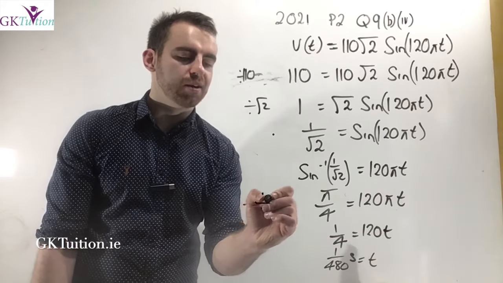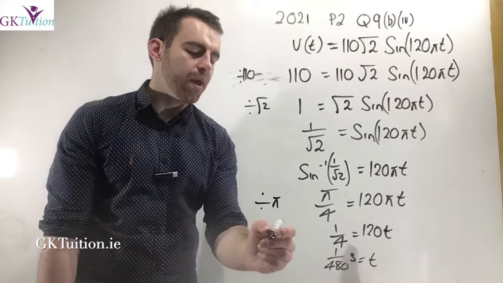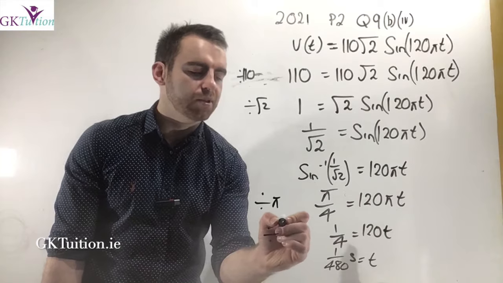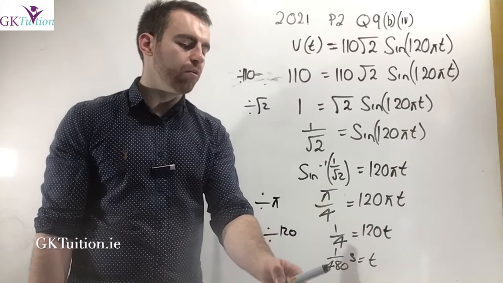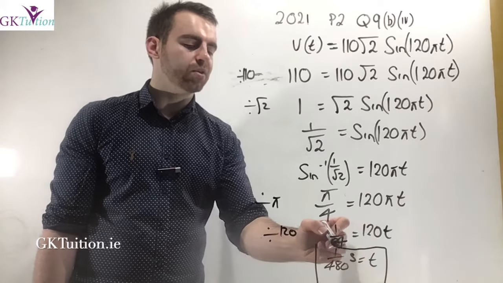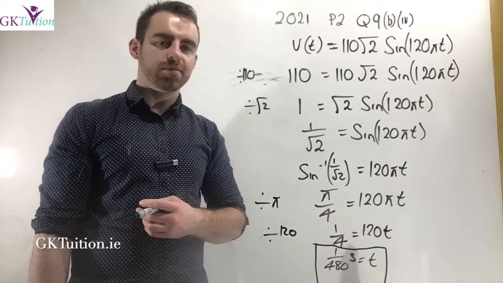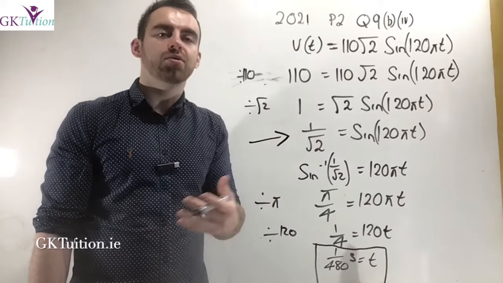So what I did on this line was divide both sides by pi, so the pi's simply eliminate. And then on the very last line, what I did here was divide both sides by 120. And I end up with t is equal to 1/480 seconds. And that's one acceptable answer, although there is an infinite amount of acceptable answers. If you went about it getting the unit circle from here, you could get a different answer.